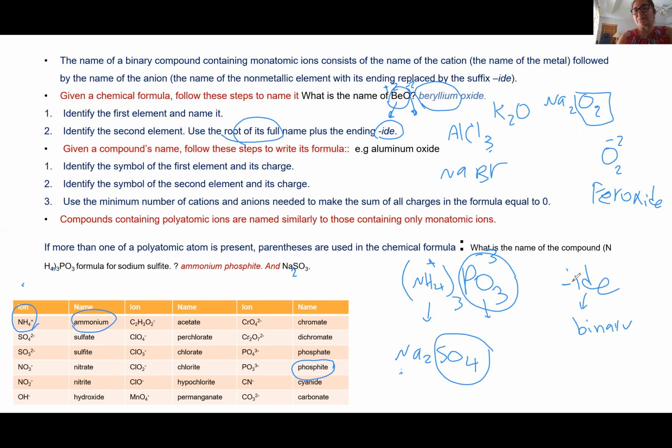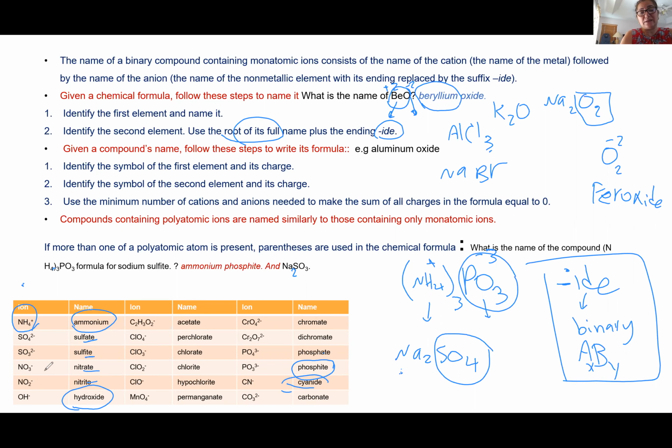Binary means it's made of only 2 types of elements, AX, BY. The name ends with IDE. For polyatomic ions, except for hydroxide and cyanide, everything else ends with either ATE or ITE.